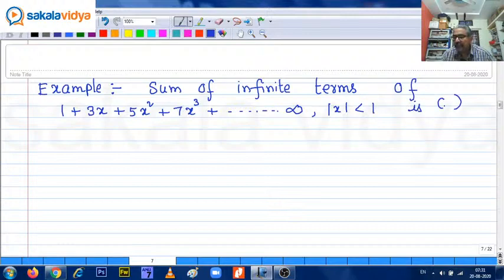So this question was asked in previous Eamcet examination only. That means actually the sum of the infinity terms of 1, 3x, 5x square, 7x cube, dash dash infinity.